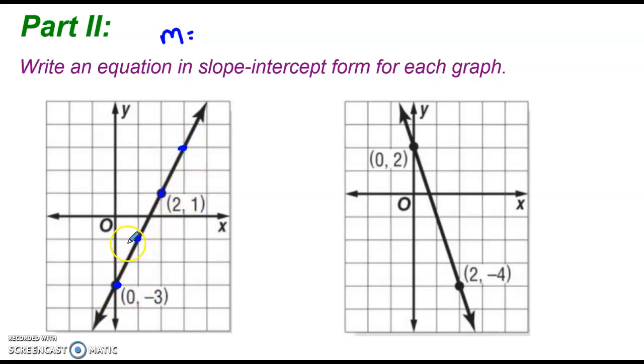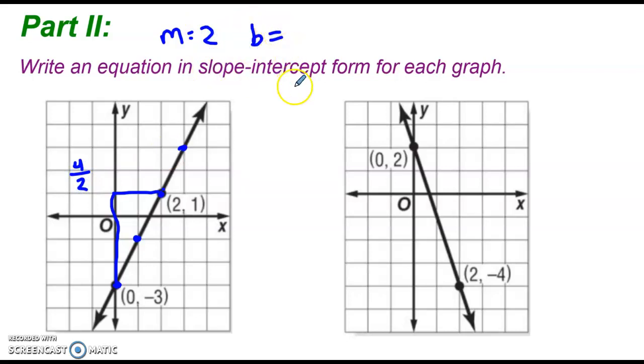Really, you can use any 2 points to calculate slope, as you already know. But using the 2 points they provided, you can see that my rise, or my change in y, is +4. And you can see that my change in x is +2. So slope is 4/2, which we would just reduce to 2. Now finding the y-intercept from a graph is also really easy.